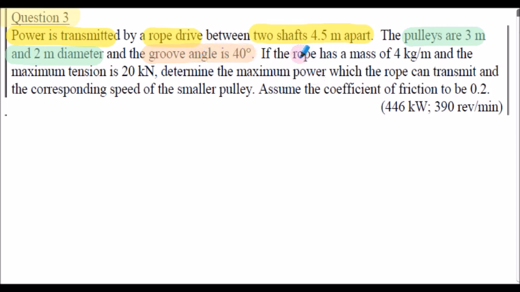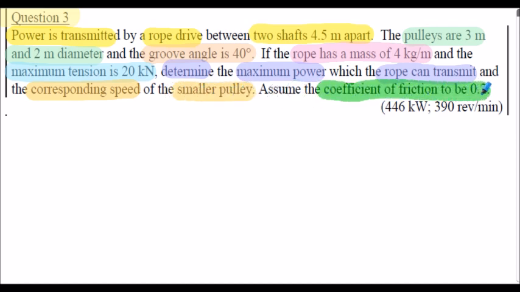If the rope has a mass of 4 kilograms per meter and the maximum tension allowed in the rope belt is 20 kilonewtons, we've got to determine the maximum power which the rope can transmit and the corresponding speed of the smaller pulley. We assume the coefficient of friction is 0.2. Answer shown in the bracket here.